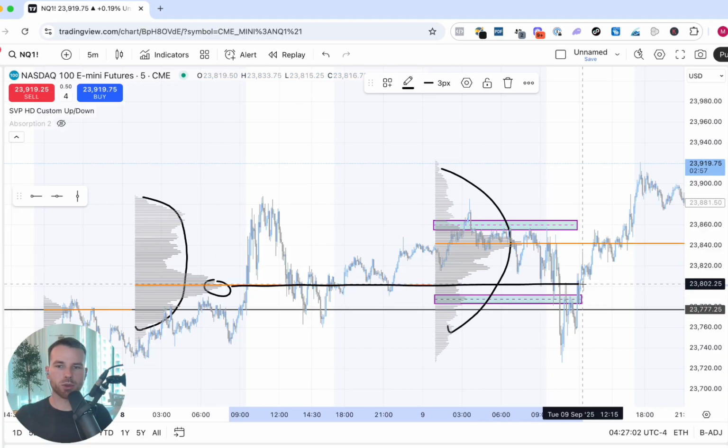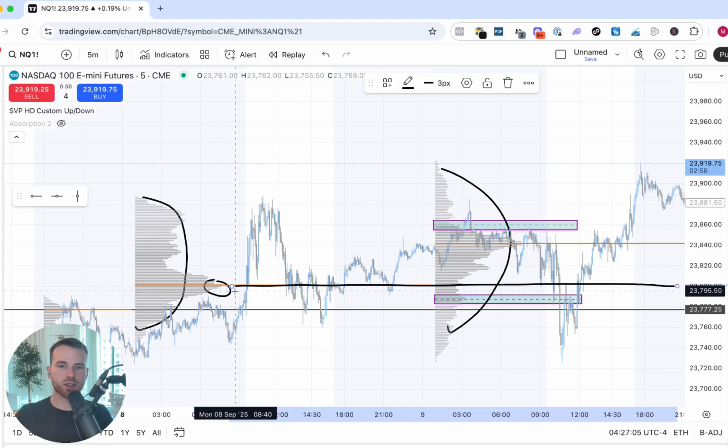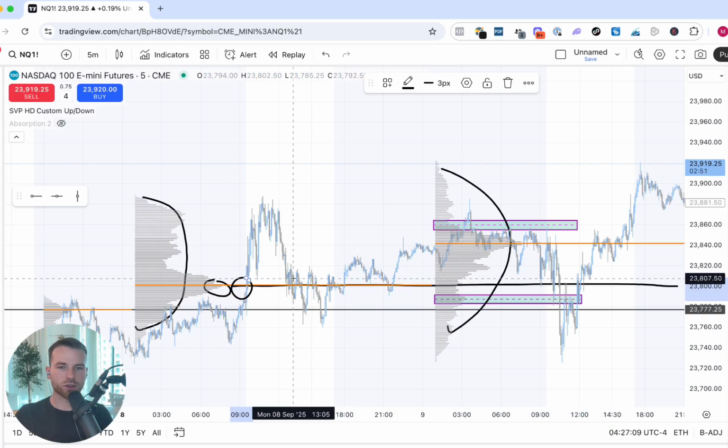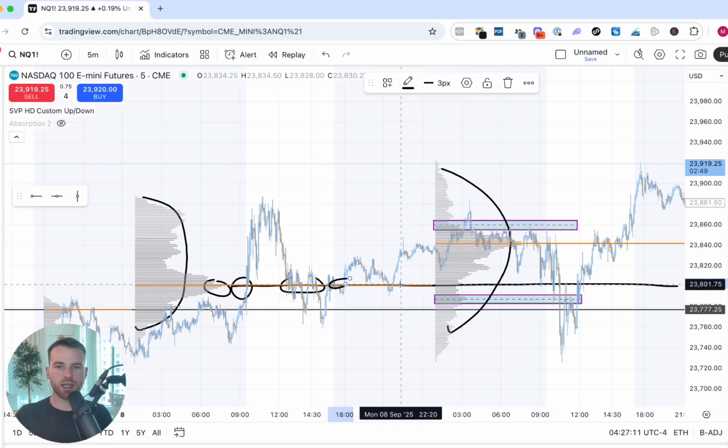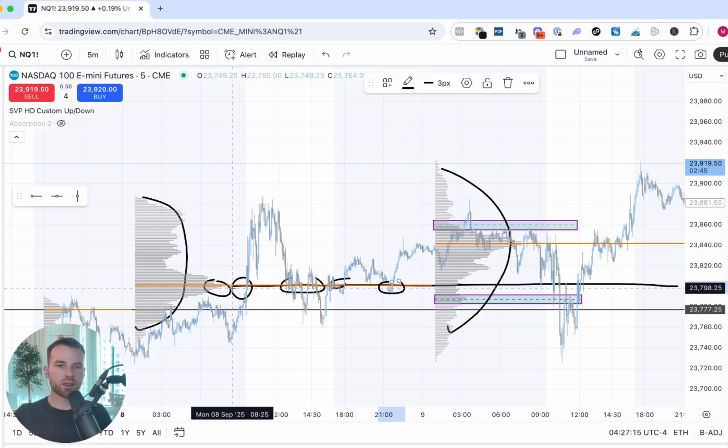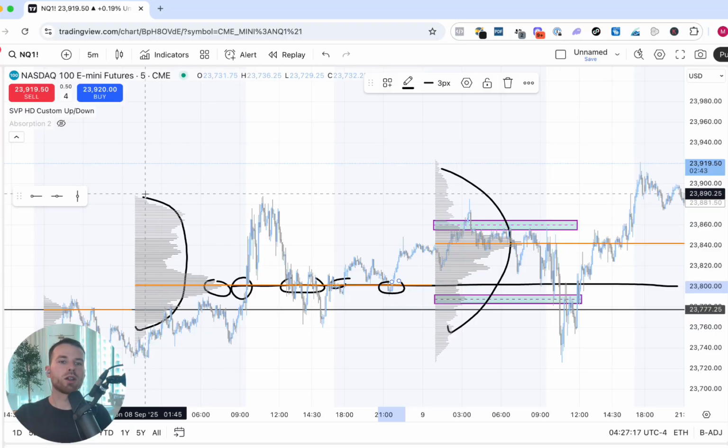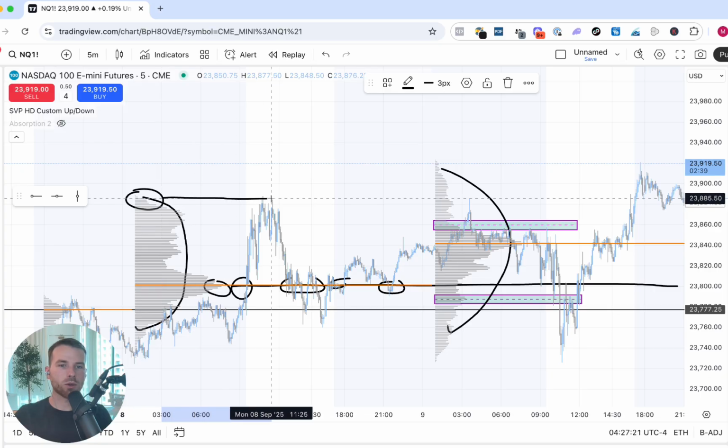So for example, at the 800s, we had quite a few contracts being traded on this day right here. So here, and once more here. Quite a few contracts. Now, if you compare this high volume node to a low volume node, for example, up here, then we see we had very few contracts being traded at this price level.